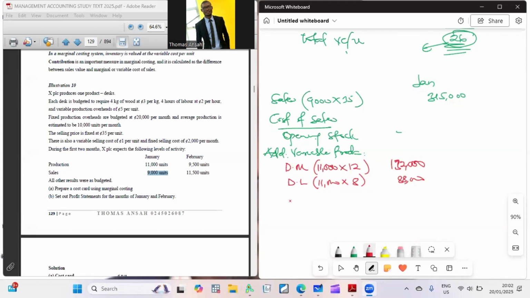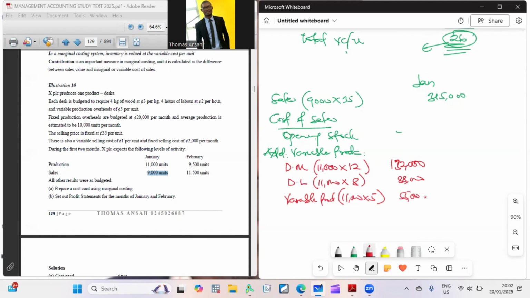But the rest of the things that are left here is about the variables. So now we know that there is variable production, which will be 11,000 multiplied by the 5. That gives 55.